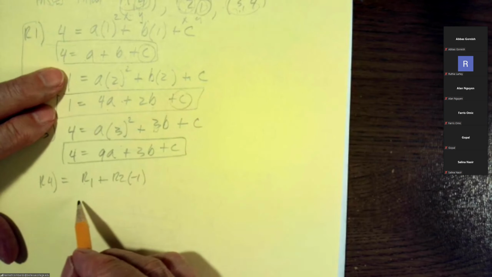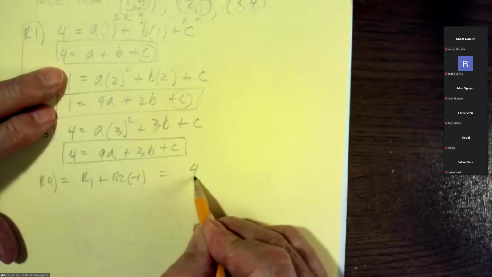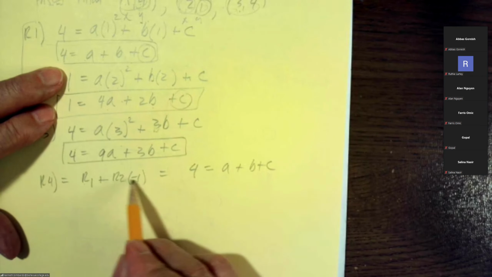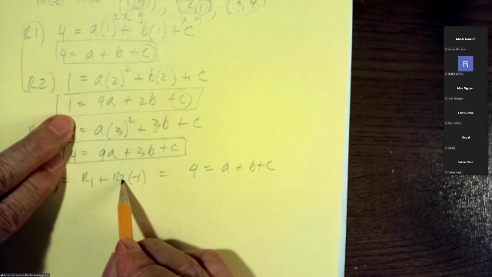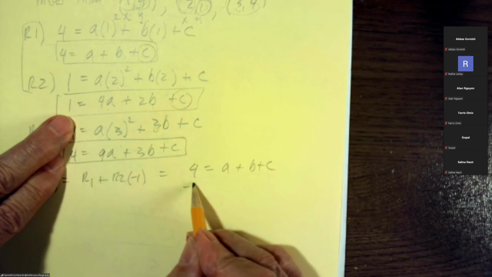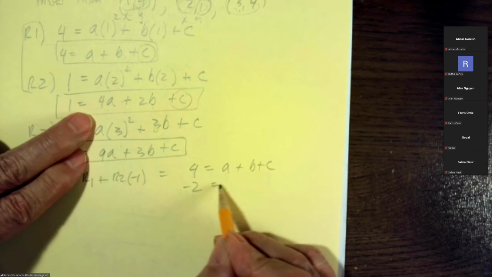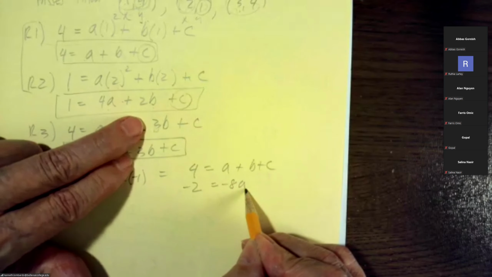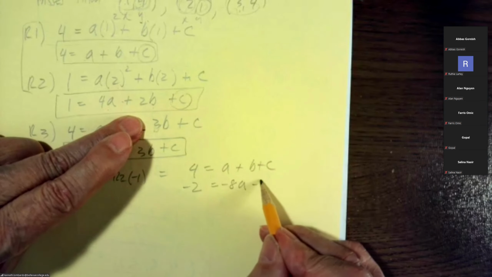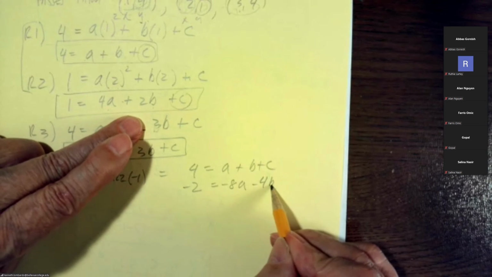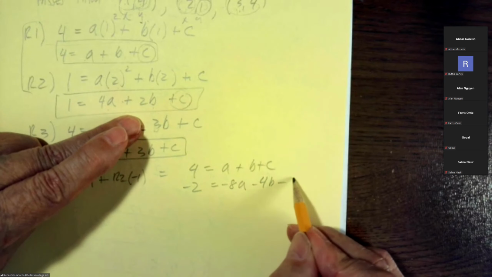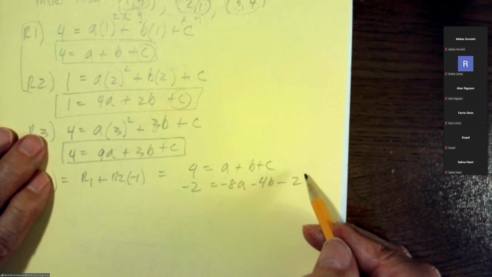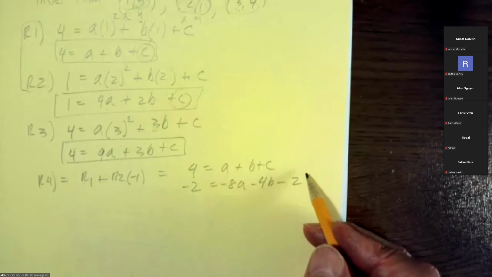Well, row 1 was 4 equals A plus B plus C, and -2 times row 2, so that'd be -2 equals -8A, and then times row 2, -4B, and then -2, and I'm combining that with the C row.